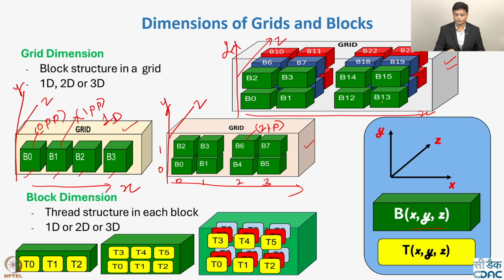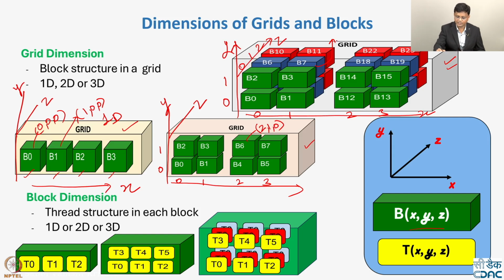So, here again if you want to calculate the unique ID of this B7 block, you know that the x coordinate is 0, 1, 2 and 3, at y position it is 0 and 1, and because there are 3 blocks in z direction, it is 0, 1 and 2, and you want to calculate the coordinate of B7.